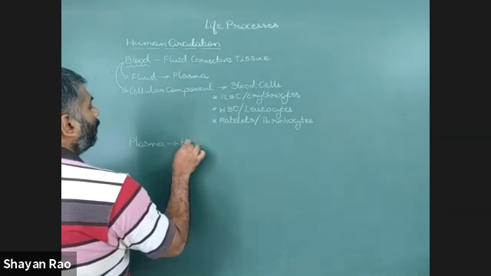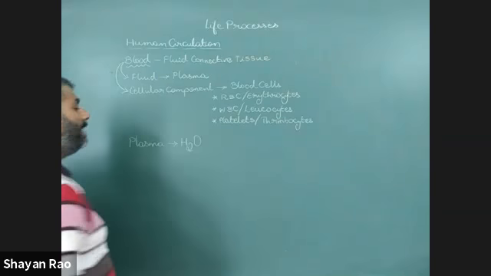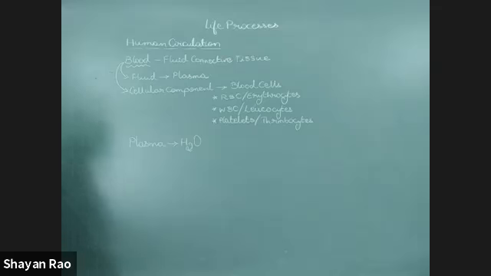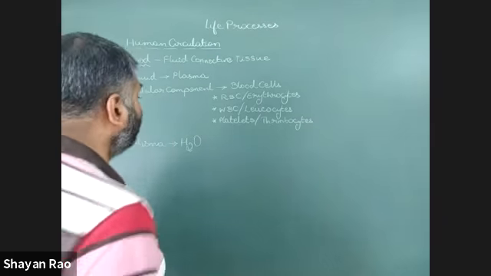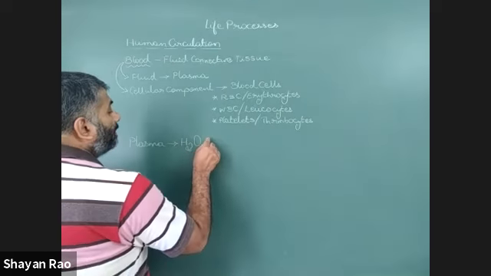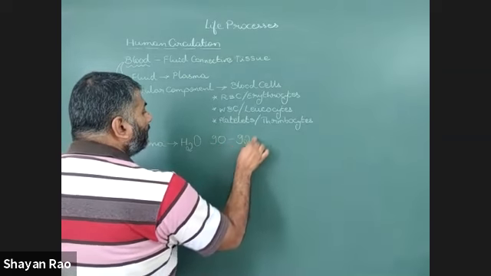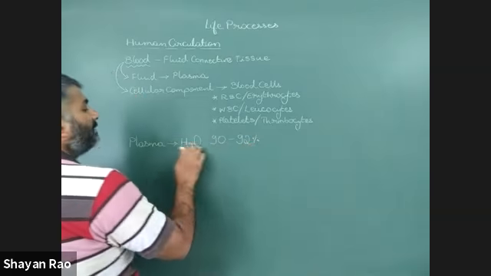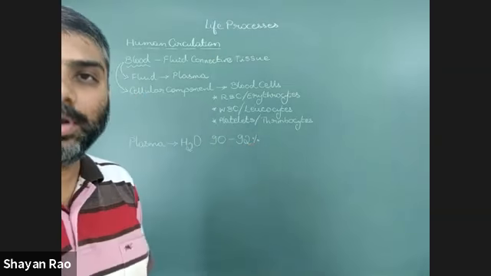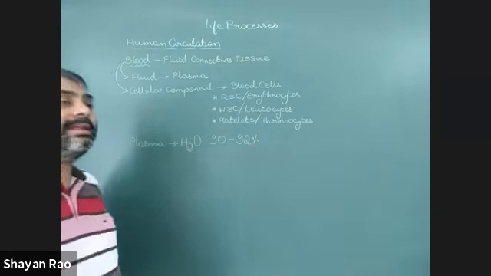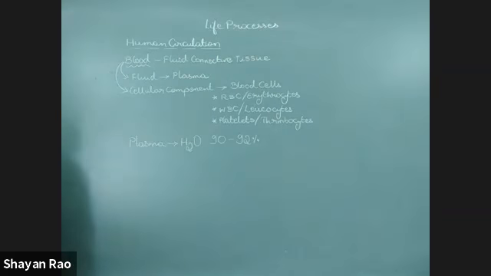Plasma is mainly made up of water. How much water? 90 to 92% of plasma is made up of water. What are the remaining 8 to 10%?